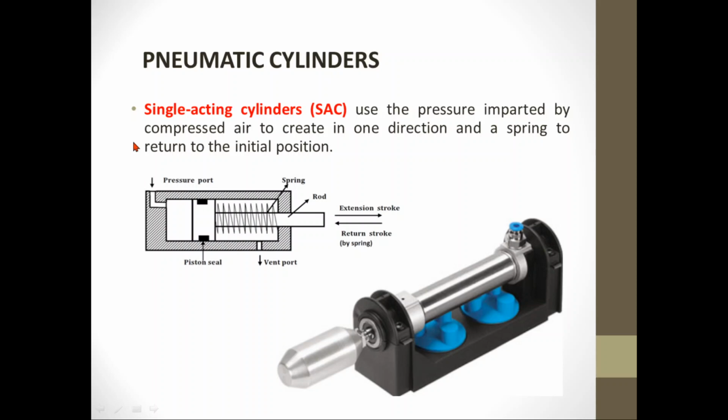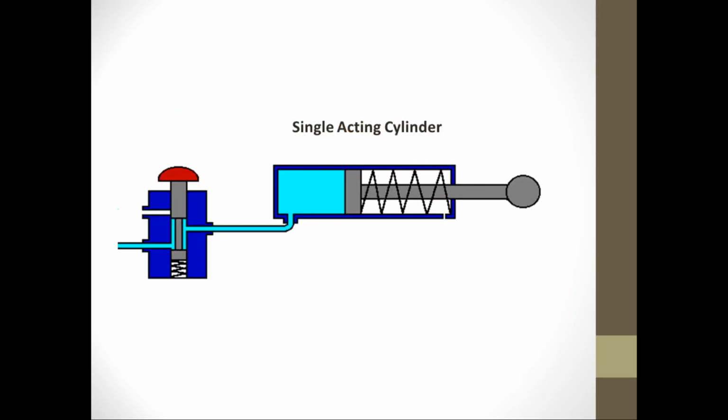It will be removed through the so-called exhaust point, and once the air is removed, simultaneously the spring will push the piston rod backward, moving it to its initial position. To further visualize, this would be the operation of a single acting cylinder.